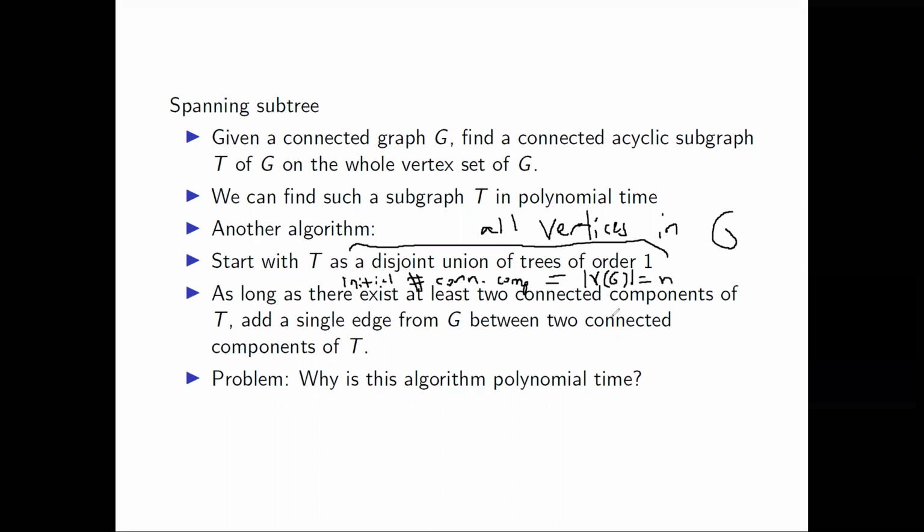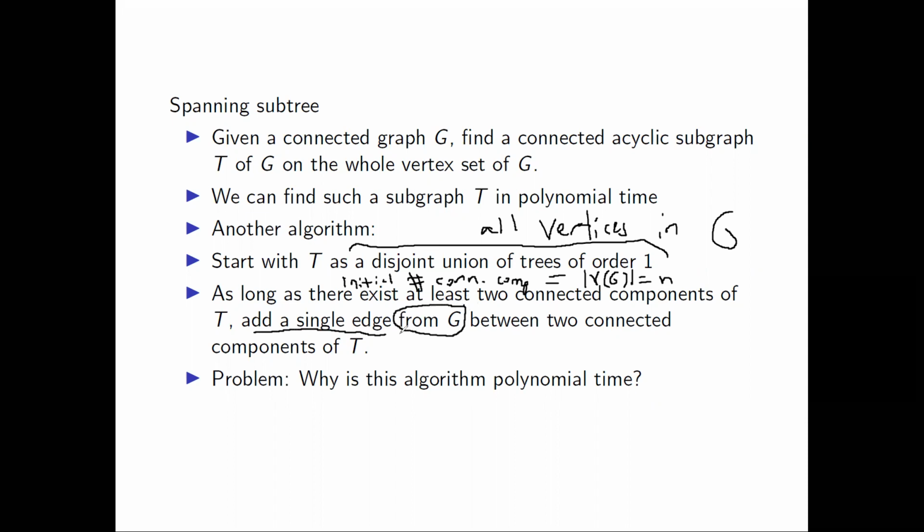Might as well call it n here. And each step, when we add this single edge, that is an edge from the graph G. So we can't just make up some edges. We can only use edges that are in G.